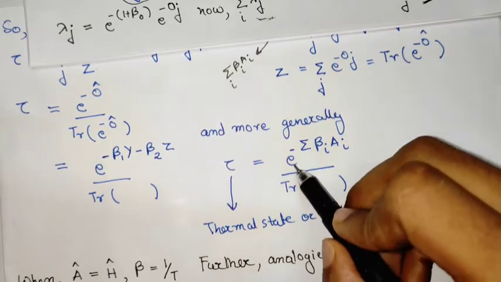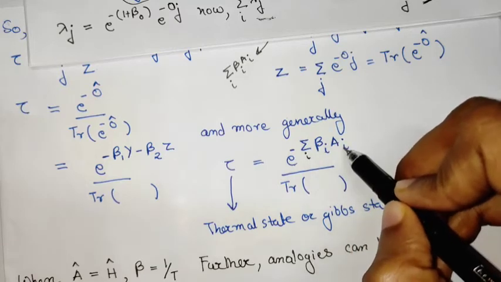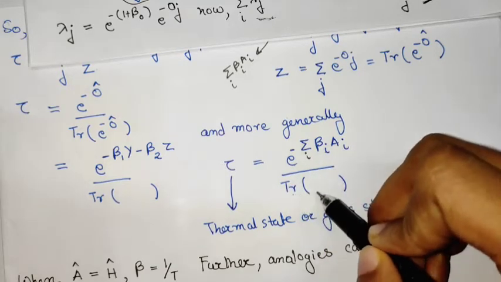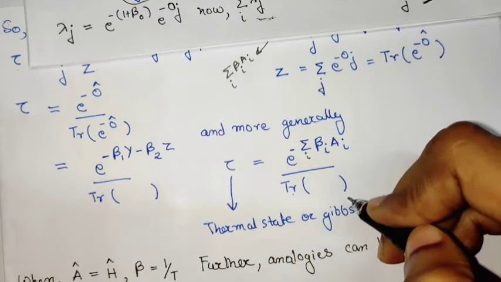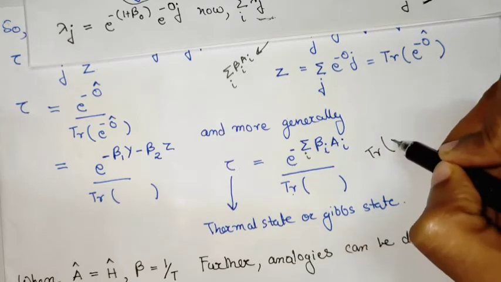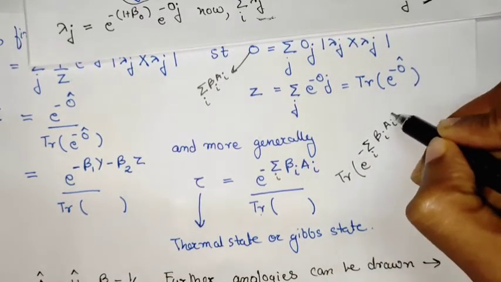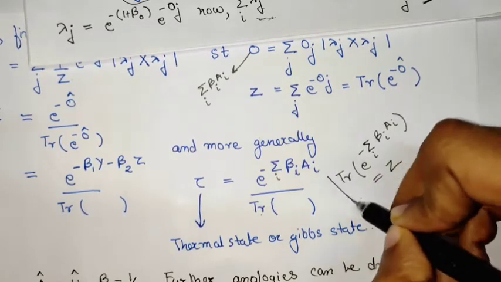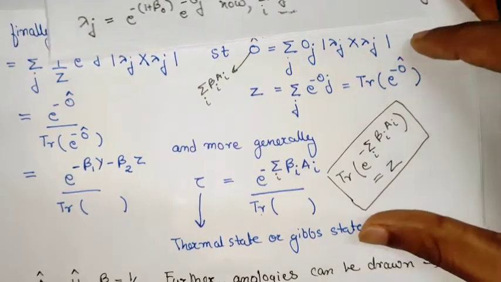So this is the thermal state, e^(-summation over i beta_i A_i) divided by the trace of this entire thing, so that this is normalized to 1. The trace of e^(-summation over i beta_i A_i) is what we call Z, or the partition function, and here beta are the Lagrange multipliers.